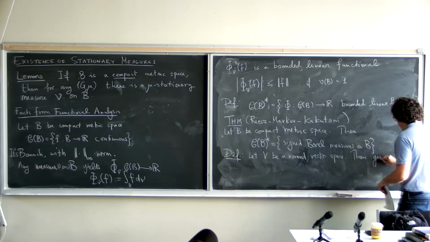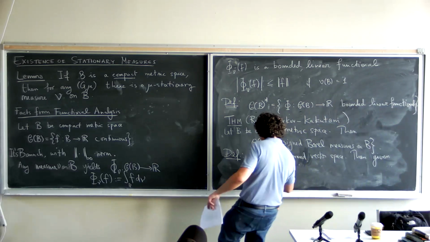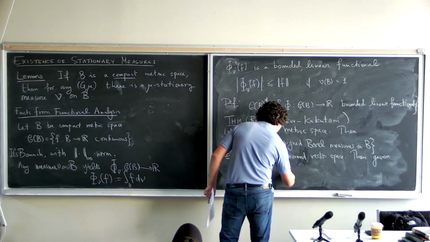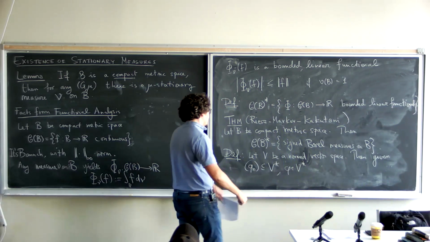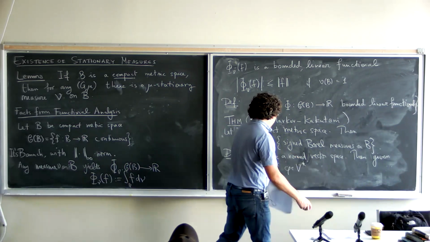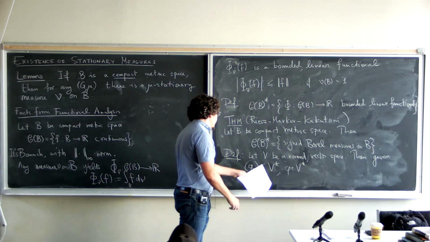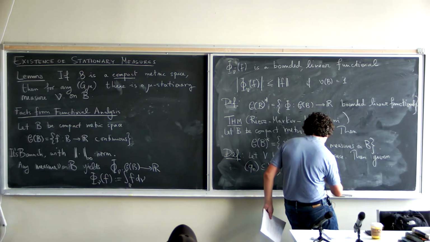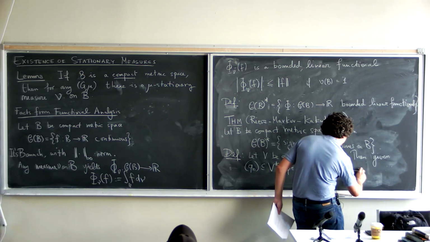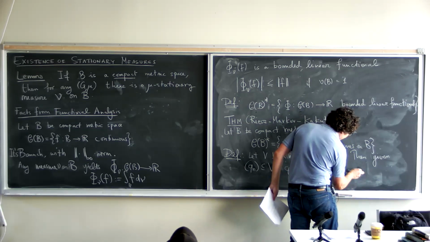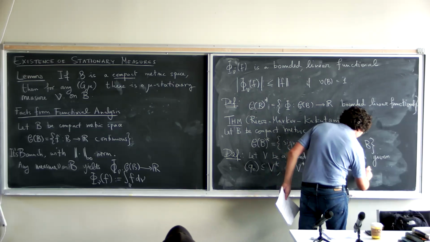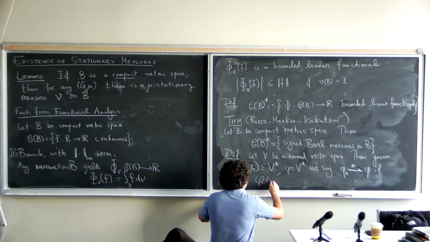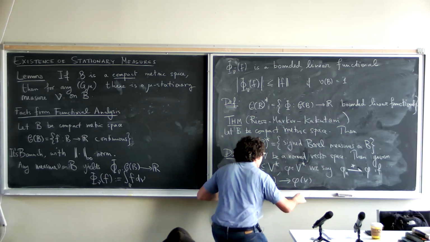Given a sequence phi_n in V star, which is the dual, we say that phi_n converges weak-star to phi if they converge on every vector. So phi_n converges weak-star to phi if phi_n of v converges to phi of v for every v.